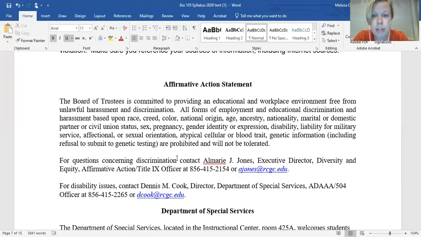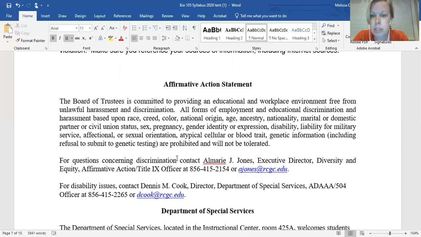We do not discriminate or harass based on race, creed, color, national origin, age, ancestry, nationality, marital or domestic partner, or civil union status, sex, pregnancy, gender identity or expression, disability, liability for military service, affectional or sexual orientation, atypical cellular or blood trait, genetic information. They're all prohibited to discriminate or harass anyone from any of those groups.